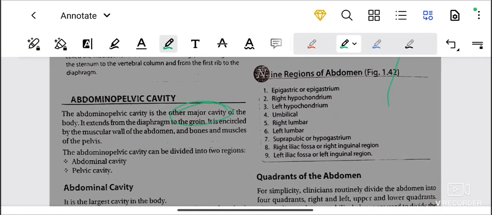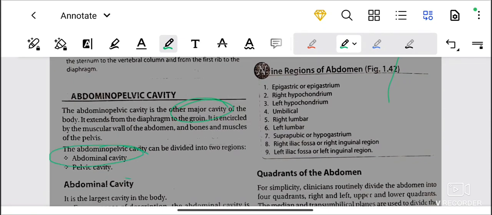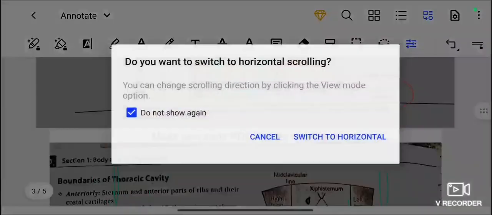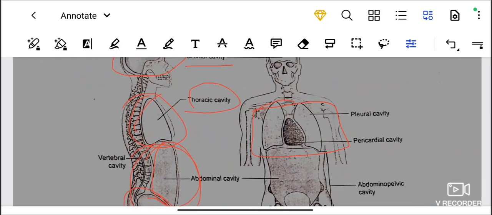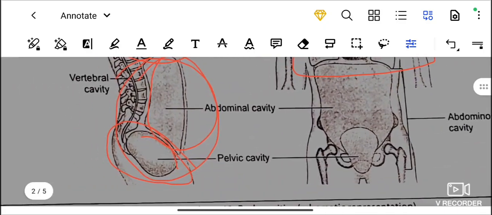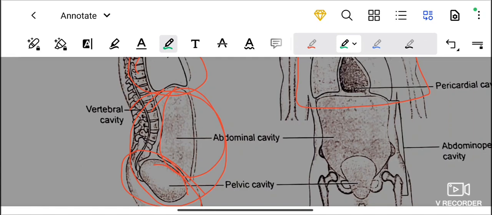The abdominal cavity can be divided into two regions, that is the abdominal cavity and the pelvic cavity. In the diagram, this is the abdominal cavity, and we can divide it into abdominal cavity and pelvic cavity.